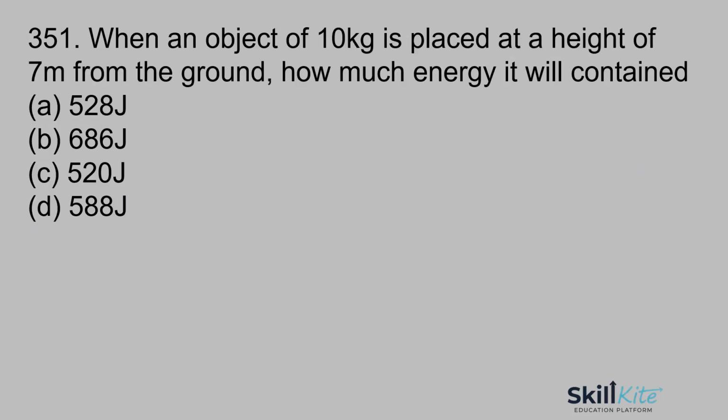When an object of 10 kg is placed at a height of 7 meters from the ground, how much energy will it contain? It is a potential energy question. So mgh, mass here is 10 kg, g let it be 10, height is 7.